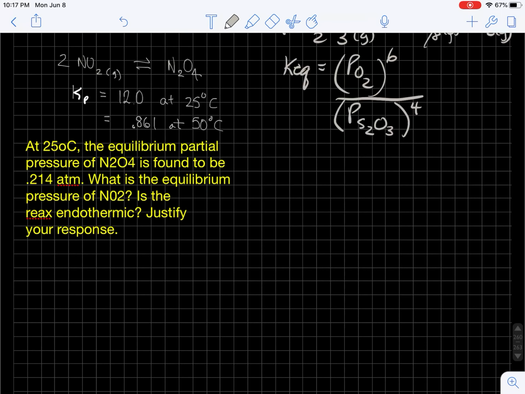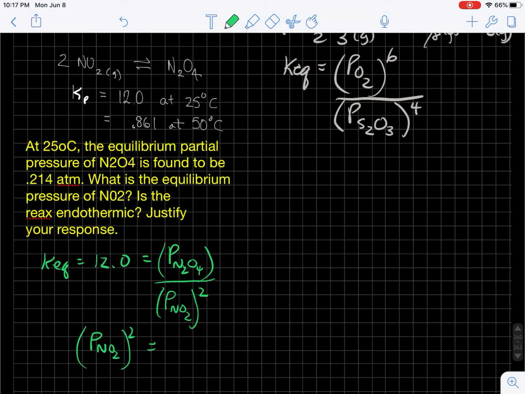Okay. Let's start with the calculation. First of all, KEQ for this is equal to 12.0, and we know that KEQ for this is partial pressure of the product over partial pressure of the reactant quantity squared. We know the value for the product, so really all we have to do is solve for the partial pressure of NO2. So NO2 squared is going to be partial pressure of N2O4 divided by 12. And we can solve for NO2.